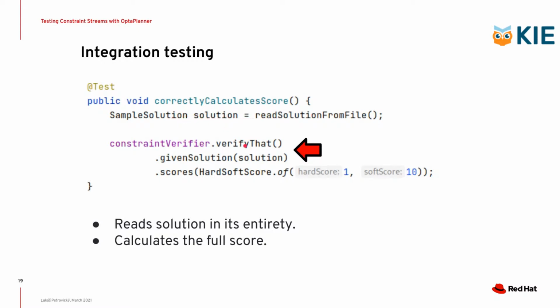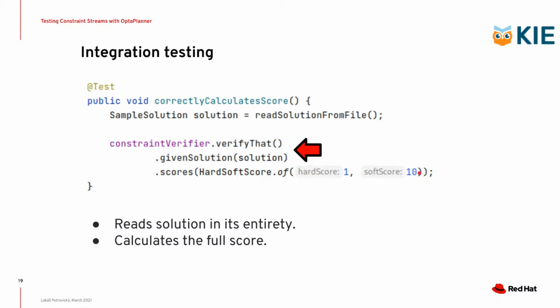And now you do something with the constraint verifier which we haven't seen before. Instead of giving it a constraint to verify, we give it nothing. So we say just verify that. And in the next step, we say, given this solution that you've just read, make sure that the score is a hard score of 1 and a soft score of 10.